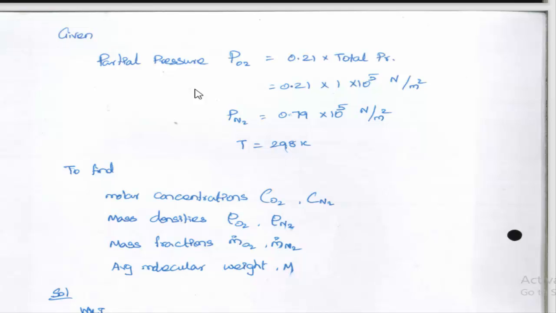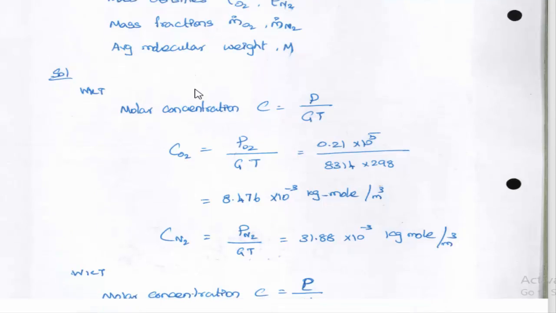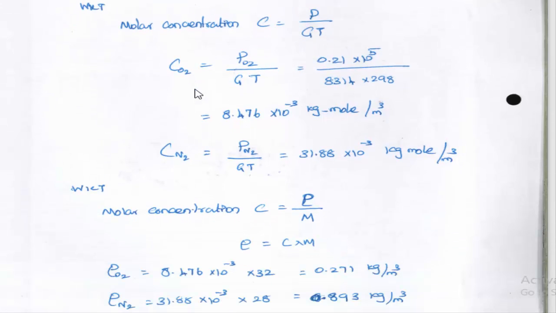So the partial pressure of oxygen is equal to 0.21 into total pressure. Similarly, the partial pressure of nitrogen equals 0.79 into 1 into 10 to the power 5, right? So next thing we are going to find out the molar concentration. C equals, you know the formula, P divided by R into T. So substitute the values and you can find out CN2 and CO2.